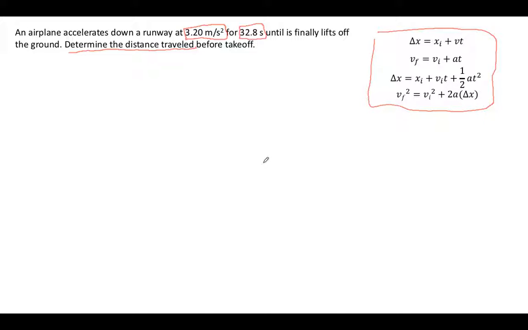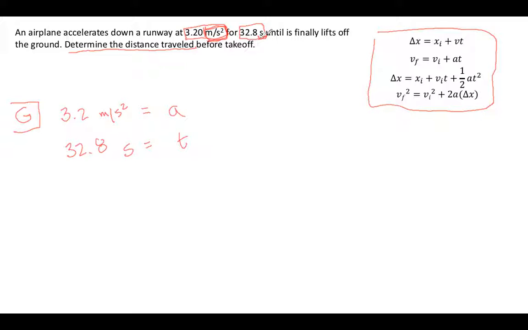So those are the three clues I get right off the bat from reading the problem. So I can go ahead and write those down in my givens. And that's 3.2 meters per second squared, and that is an acceleration. The units, meters per second squared, always indicates acceleration. And the time, 32.8 seconds.